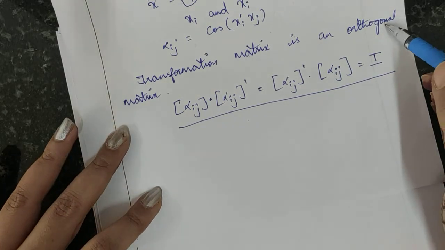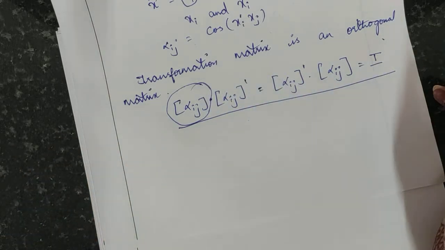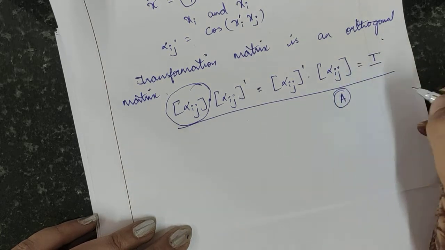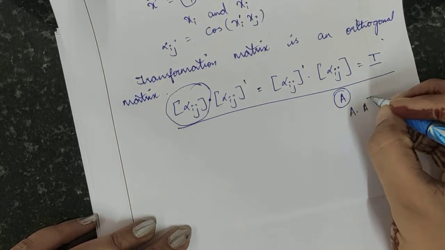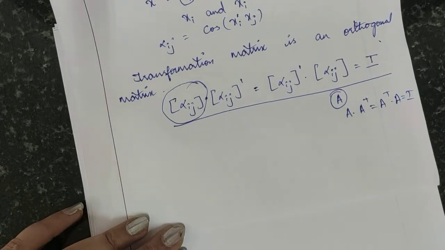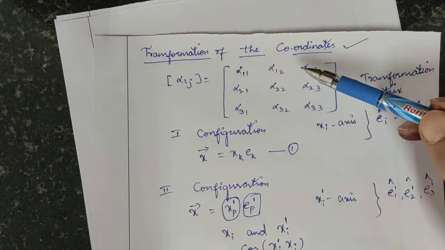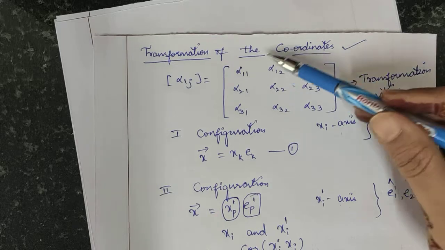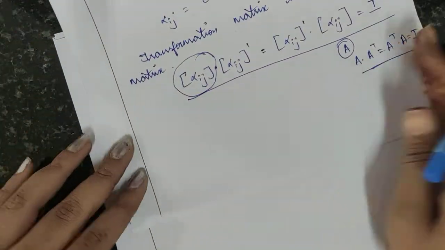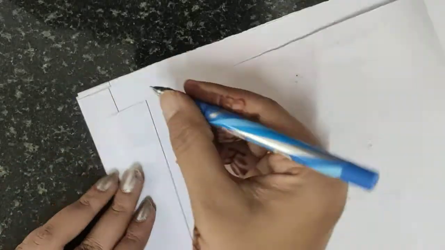We have seen in matrices also, right? If I want to say A is an orthogonal matrix, then A into A transpose is equal to A transpose into A is equal to identity matrix I. In a similar way, here we consider this as matrix A, since this is nothing but a transformation matrix.